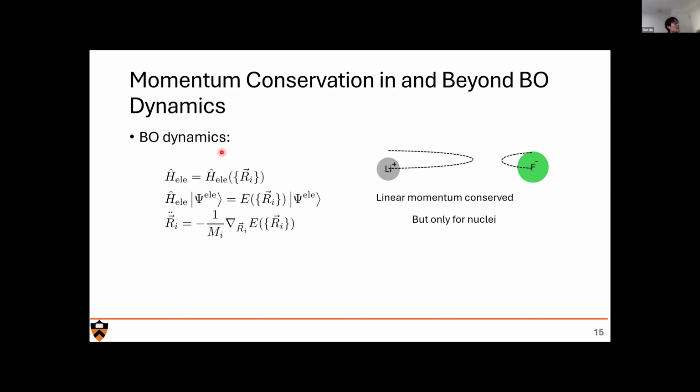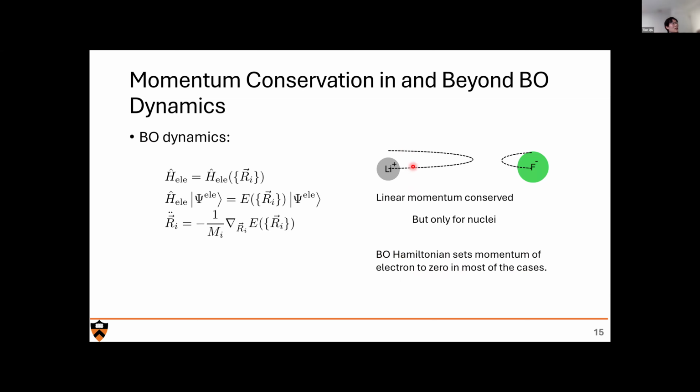But what is hidden inside the BO Hamiltonian is that, in fact, the BO Hamiltonian would set the momentum of the electron to 0 in most cases. In other words, for the BO Hamiltonian, there's no distinction between moving the atom to the left or to the right.